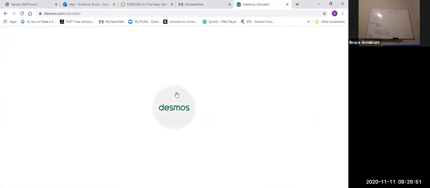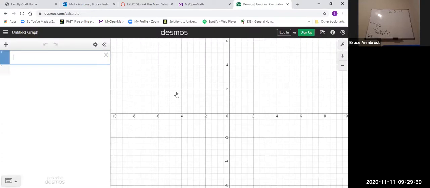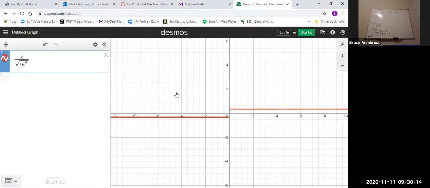All right, so everybody sees Desmos here. Let's go ahead and draw a graph of this guy. So we had x divided by the square root of 9x squared plus 4.